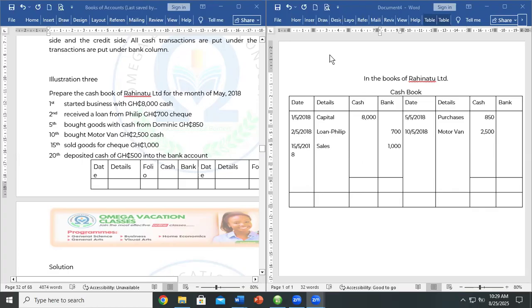So if the columns are not going to fit, you can turn it into landscape form. Yes, it's allowed. That was a good point there. Any further questions, professors?